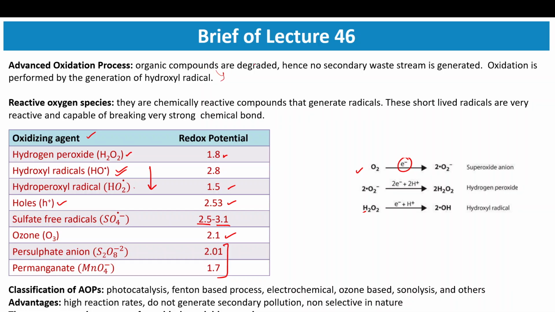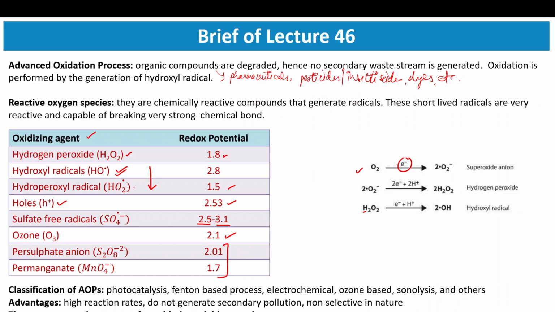Now these types of organics include pharmaceuticals, then we have pesticides, insecticides. There are various more, but these are major.